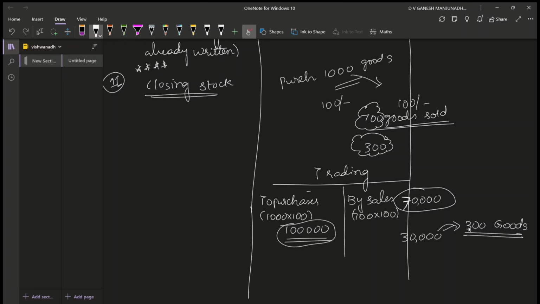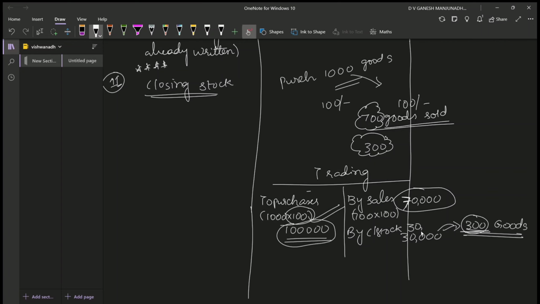For these 300 goods we have already incurred 100 rupees per unit. But the revenue for them is not at all generated, though the cost of 30,000 rupees was already incurred to generate that revenue. That is why we match it with closing stock.